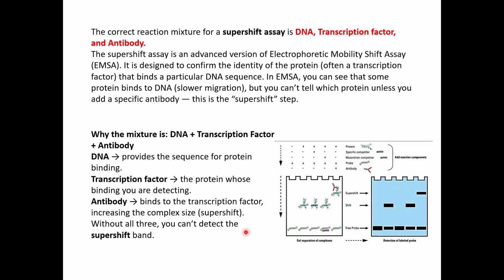So your correct reaction mixture must contain the DNA of interest or the region in which your protein might bind, your transcription factor or protein, and also the antibody. All three together in a mixture will give you a supershift band in your electrophoresis. This is how they have been separated on your gel.